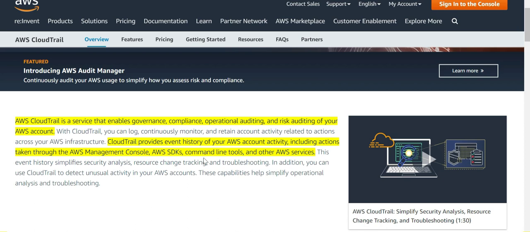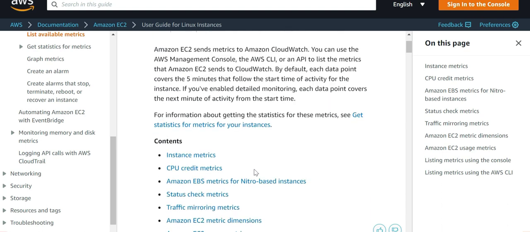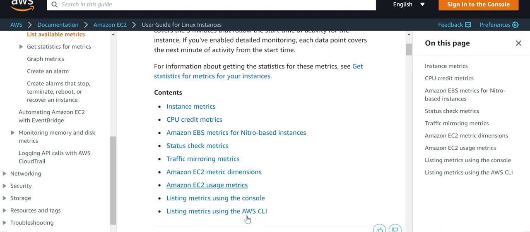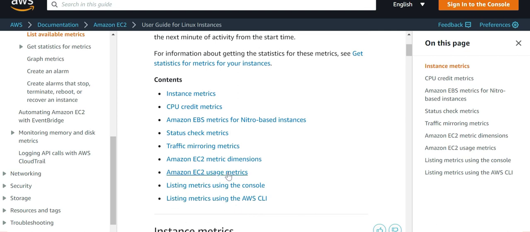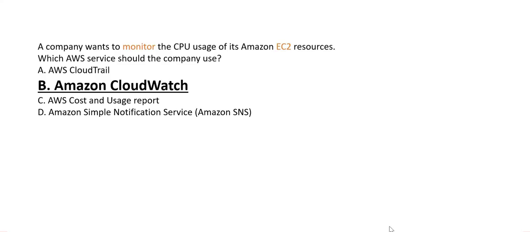This is not what we want. So this is the list of metrics that you can watch using CloudWatch. It has all the CPU usage related metrics, and if you go through it, this will answer your question. Hence, CloudWatch will be the correct answer.